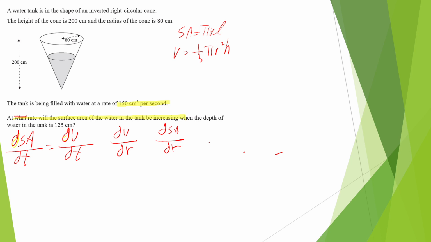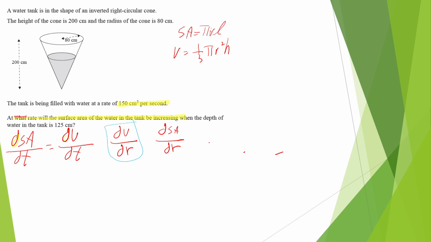Now, how do I know that all the parts are complete? I just need to multiply or divide. I have one dSA and one dt, while dV and dr are repeated twice. That means I can eliminate them. If I flip this middle bit, I'll eliminate it.